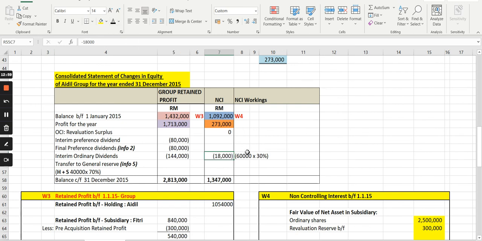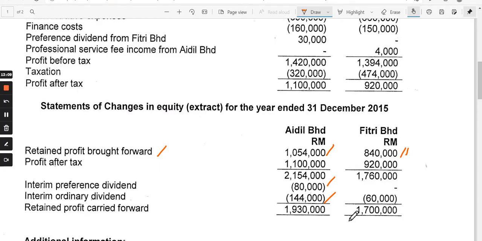You will need to show the portion of the non-controlling interest in the dividend declared by FAR3, which is the one here. You can see here it is 60,000. This is the dividend declared by FAR3, and the share held by the parent is 70%, which implies that the remaining 30% is shared by the non-controlling shareholder.